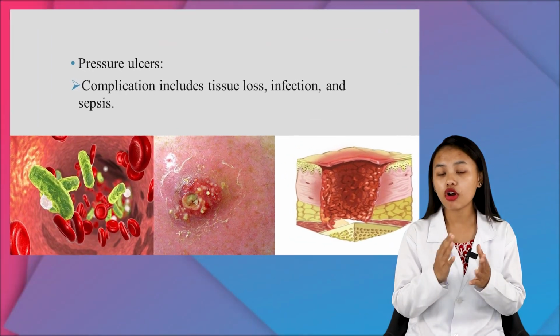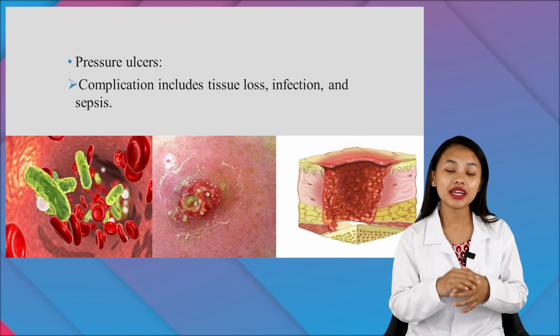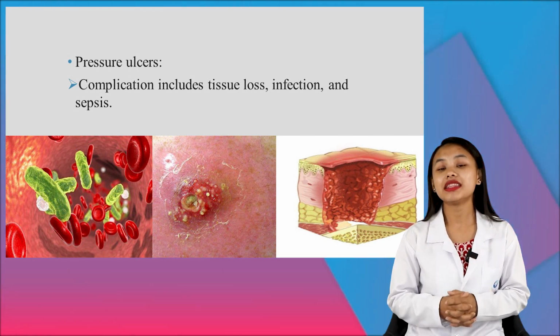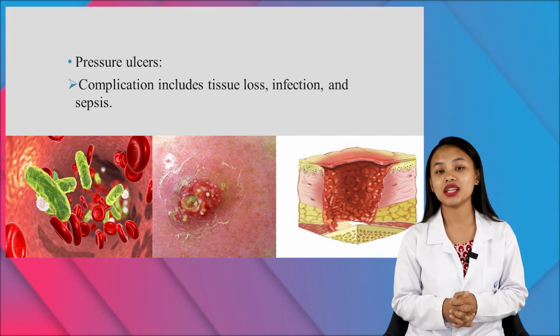The main complications include tissue loss, infection, as well as sepsis. In order to prevent this from occurring, it is our responsibility to identify the patients who are at higher risk, or even to provide treatment for those people who are already developing this ulcer.